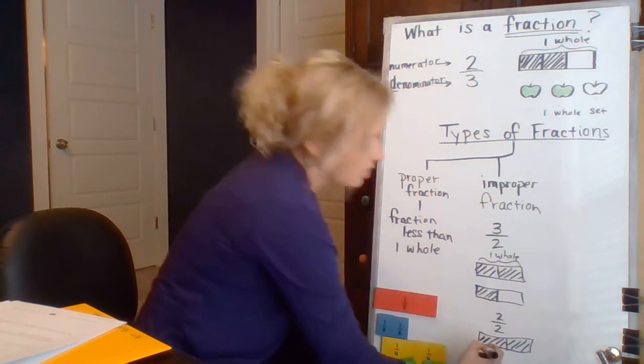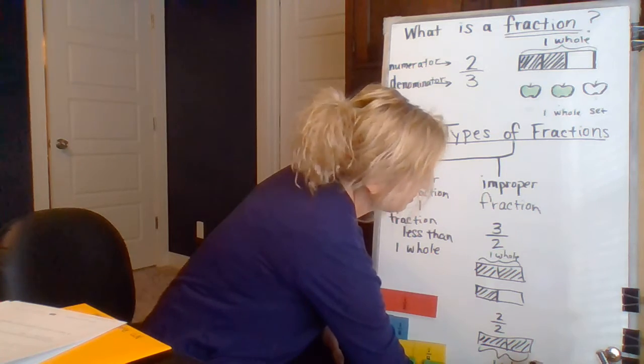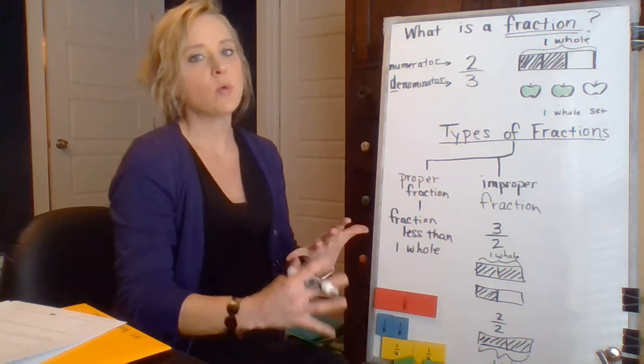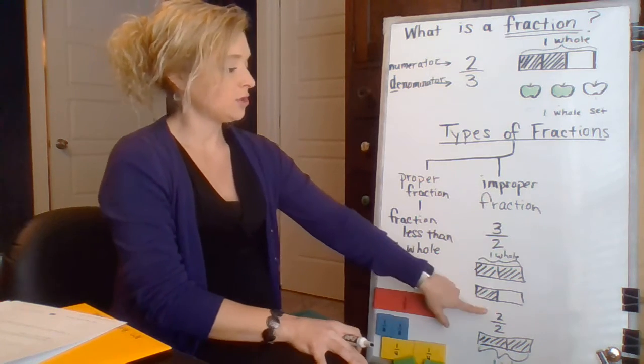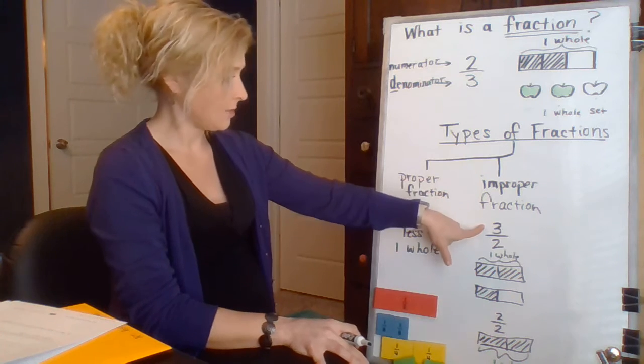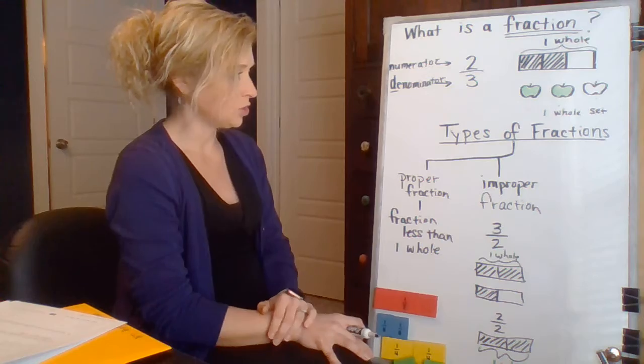Well, that is just 1 whole, right? So, an improper fraction is any fraction that's equal to or greater than 1, meaning that either the numerator is the same as the denominator or the numerator is bigger than the denominator, okay? So it's going to be greater than or equal to 1 whole.